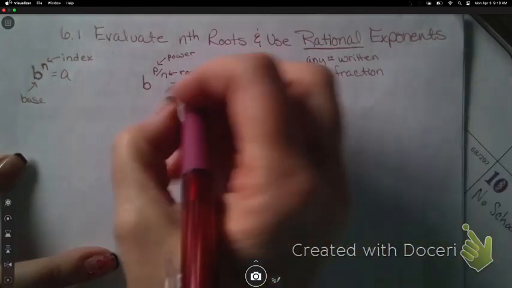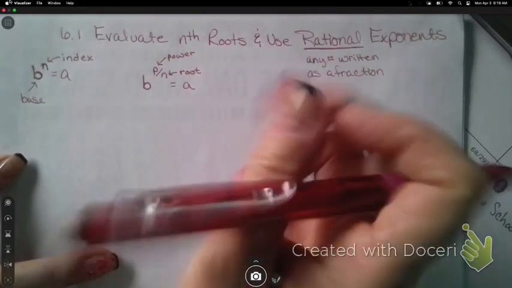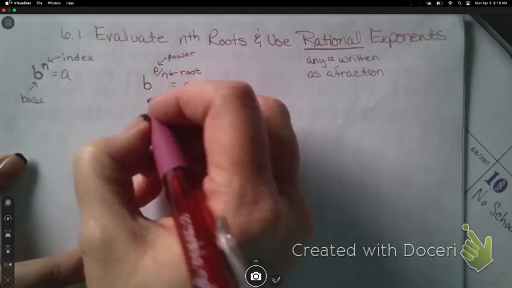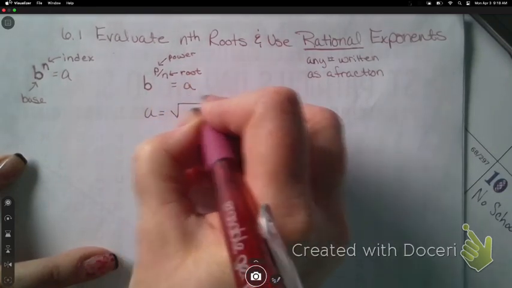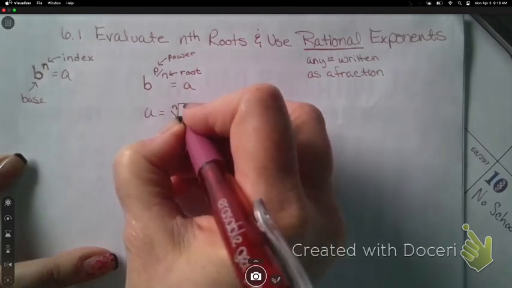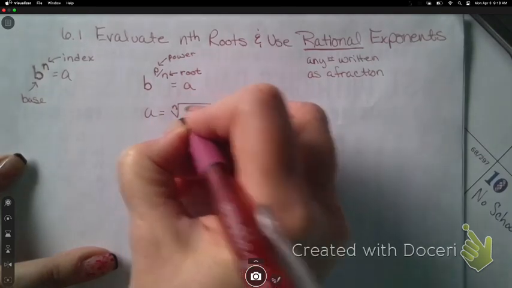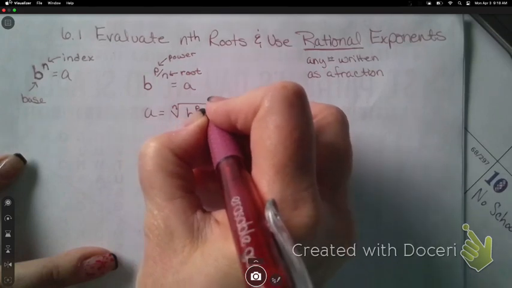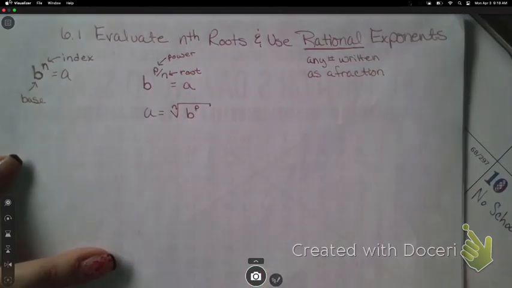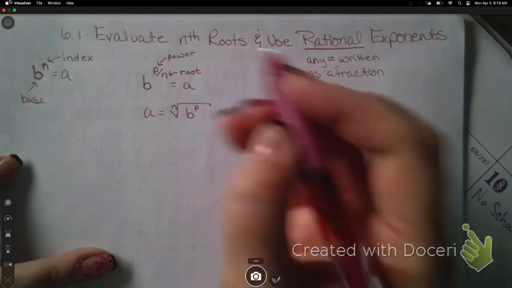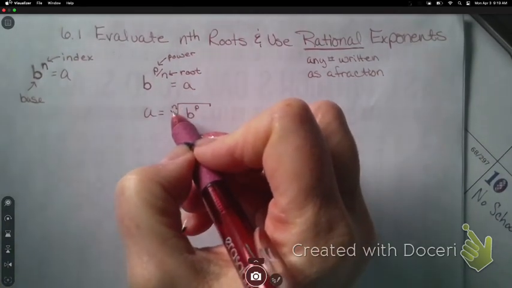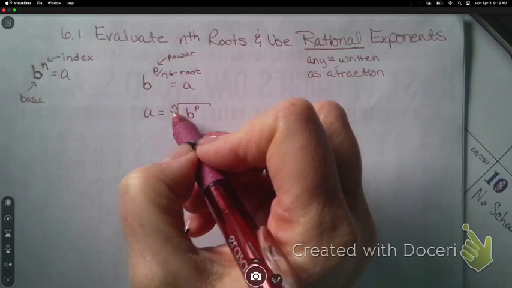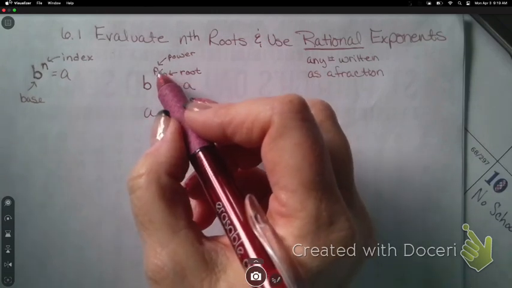So how we write that then, this statement is equivalent to saying A equals the nth root of B to the P. Does that make sense? The denominator of the exponent is the root, and P is the power.